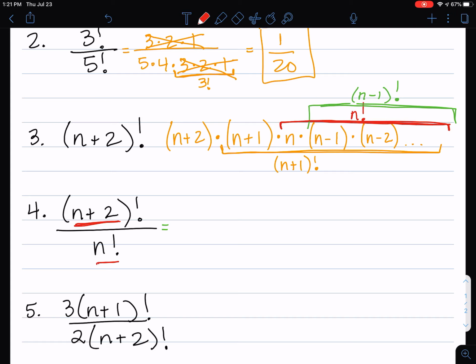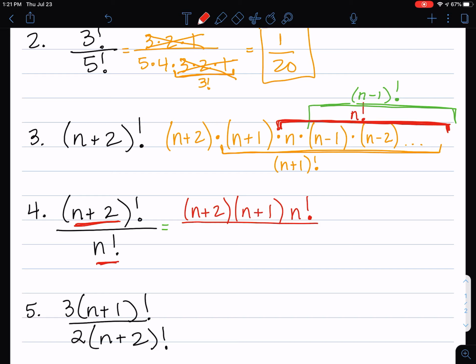And since I have an n factorial down here, I need to try and get something to cancel out. So I'm going to rewrite n plus 2 factorial as n plus 2 times n plus 1. And then this whole chunk right here, instead of writing out the rest of the factorial, I'm just going to write it as n factorial because it's going to keep going on and on.